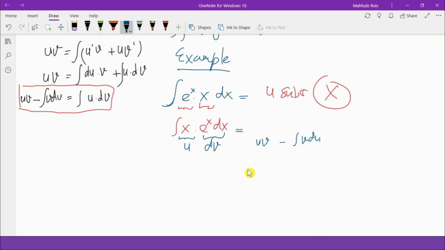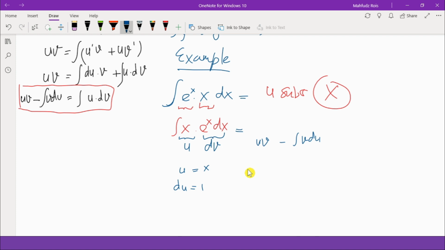Now, in this question we have only u and dv; we don't have v and we don't have du. So firstly we need to find them. We have x here, u as x, and then du will be 1.